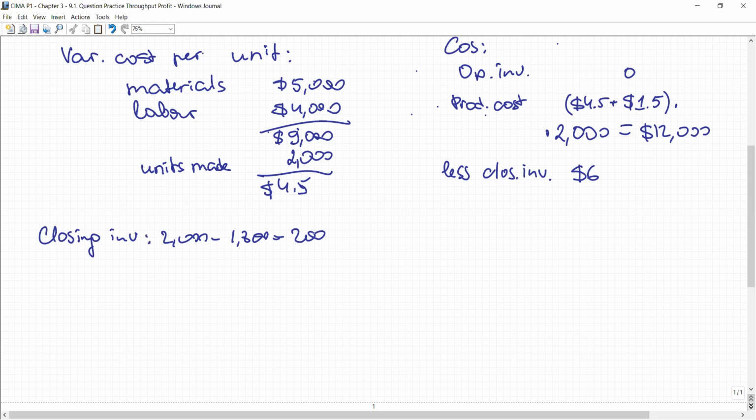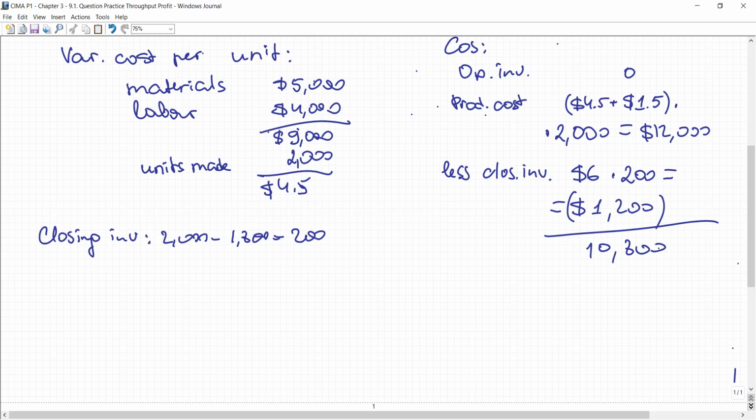Now we multiply 6 by 200, which gives us 1,200, and that needs to be subtracted. So our cost of sales is going to be 10,800.